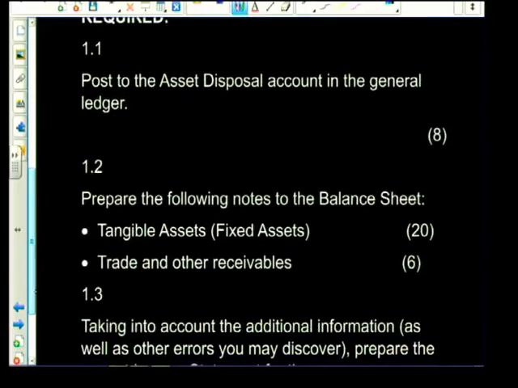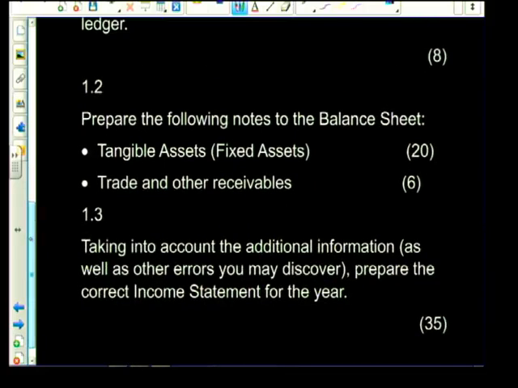So the very first question deals with asset disposal. We have to prepare the asset disposal account in the general ledger. So I hope you know how to do this. You would have done it before in your section on fixed assets, but this can come up anywhere. It can come up in the partnership financial statements question. And hand in hand with that goes the skill of preparing the notes to the balance sheet of tangible assets, which is your note 3 on fixed assets, and also preparing your notes on trade and other receivables, which you should remember is note 5.